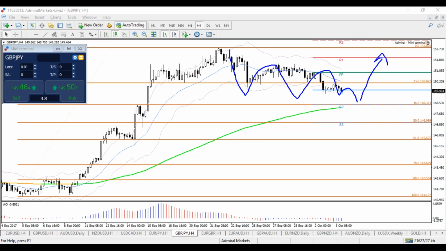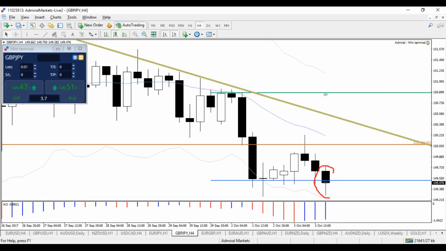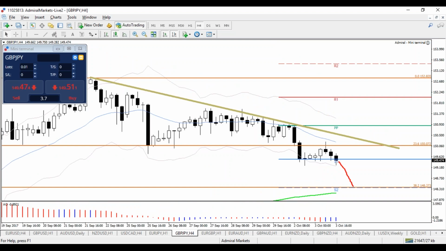All right. So if this 4-hour candle closes near the low, then I think there is a good chance that there will be a fall here to the S2, and then that should be a bouncing spot. But I would still wait for this 4-hour candle to confirm it.